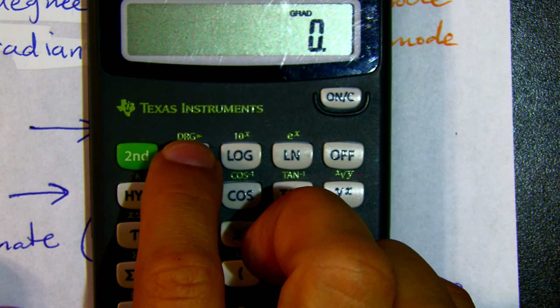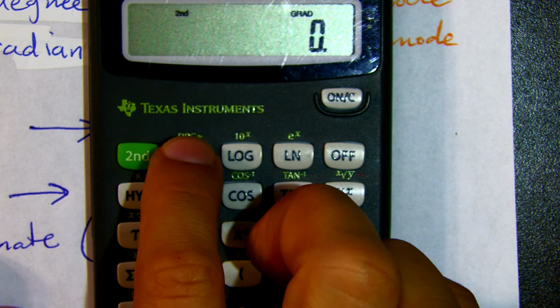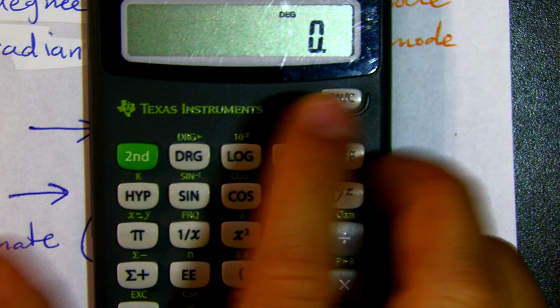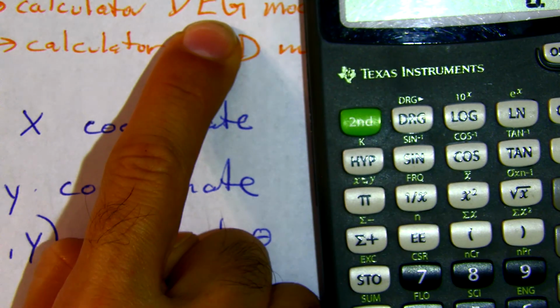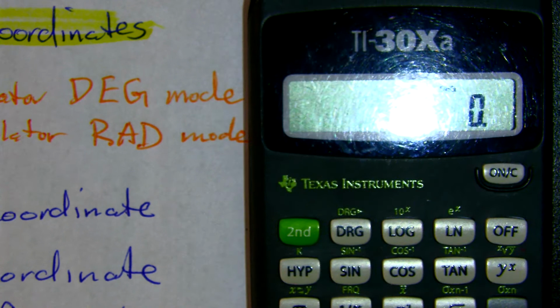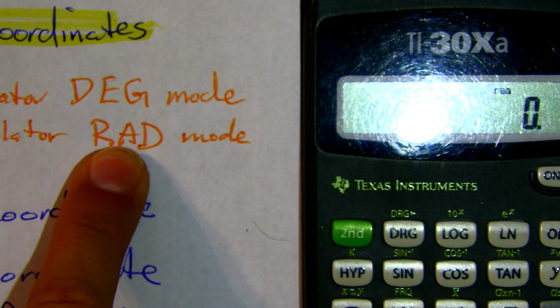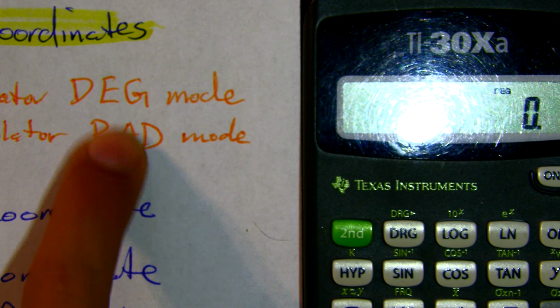See, look, that's going to go to gradient mode. We don't need that. There's degree mode. So you just want to be in degree mode if you're dealing with degrees as your theta, or you have to be in radian mode if you're dealing with radians. Rad or deg.